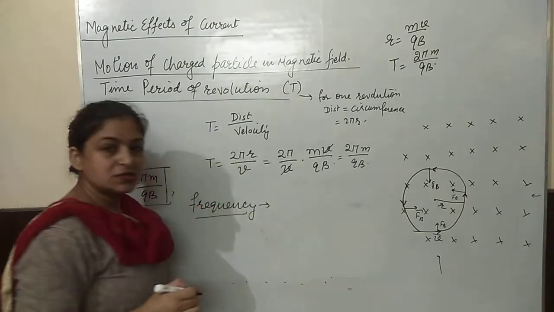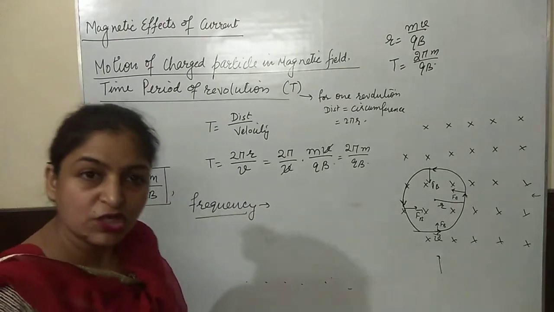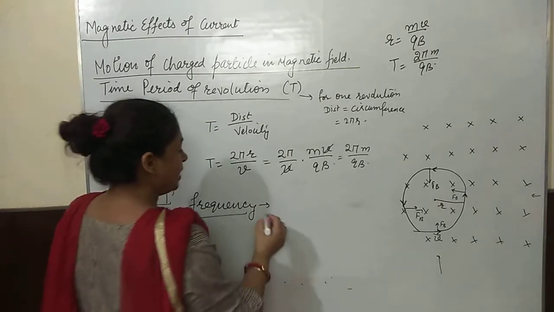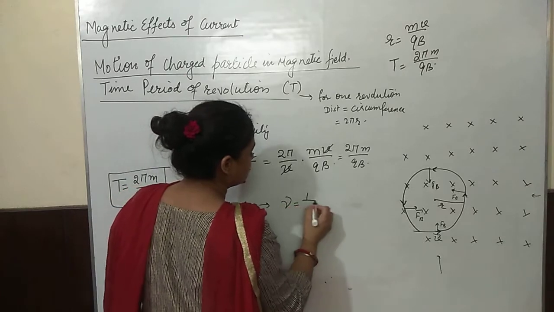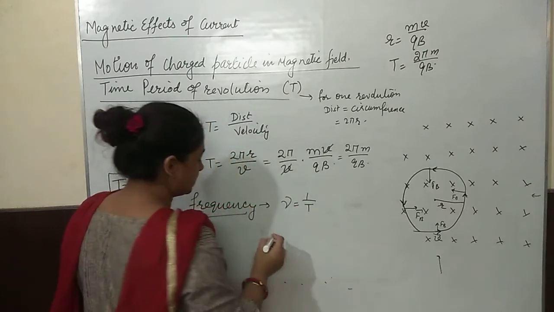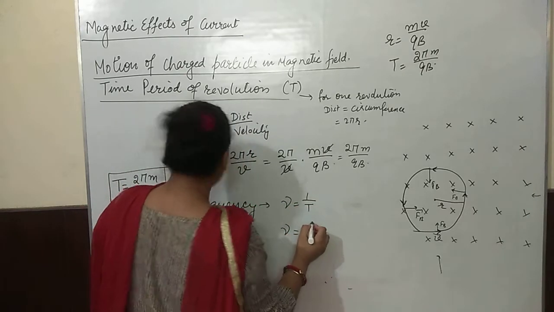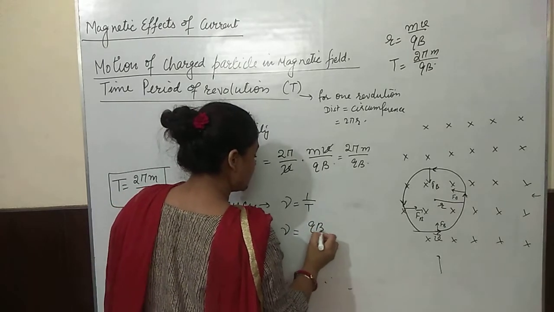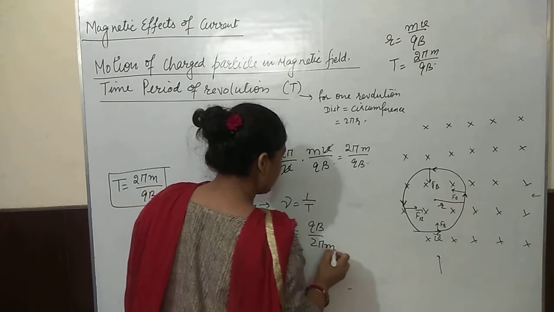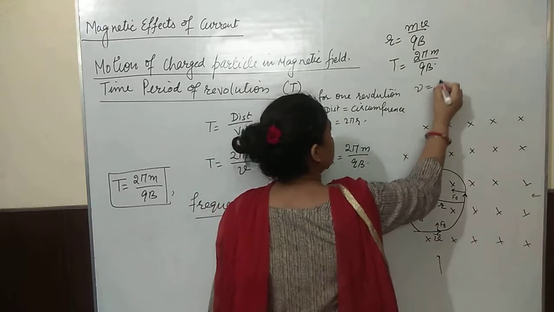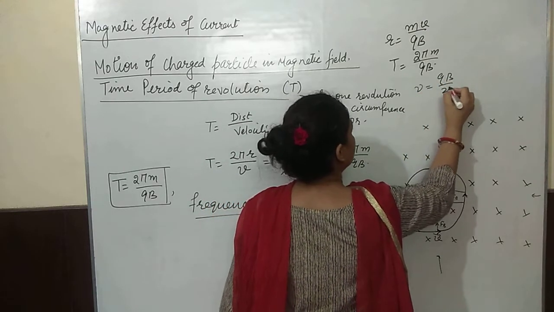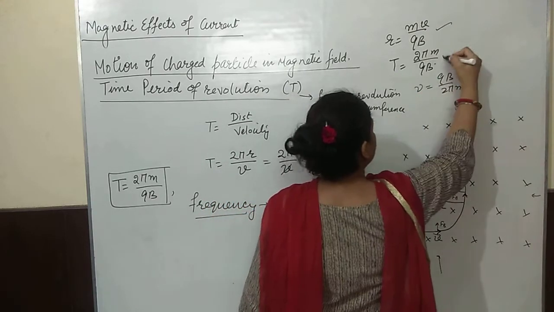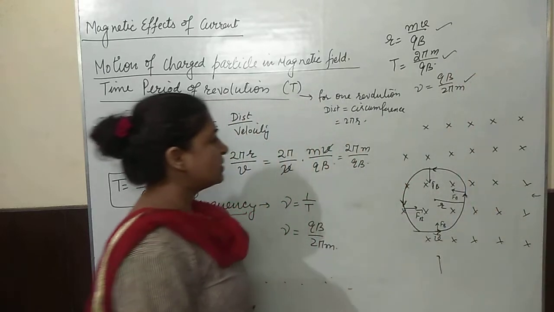Frequency is the number of revolutions in 1 second, and we know that frequency is the reciprocal of the time period. So frequency is qB over 2 pi m. So these three parameters we can derive from here.